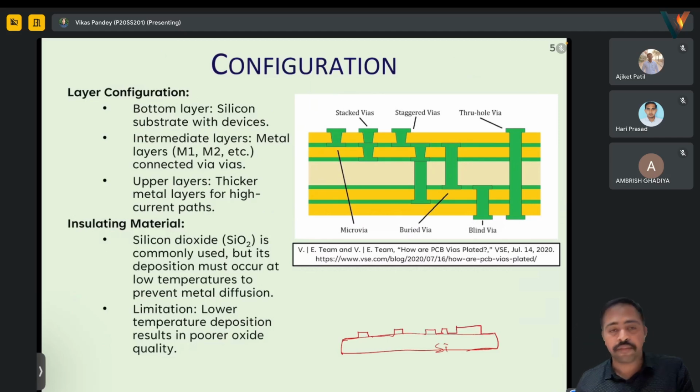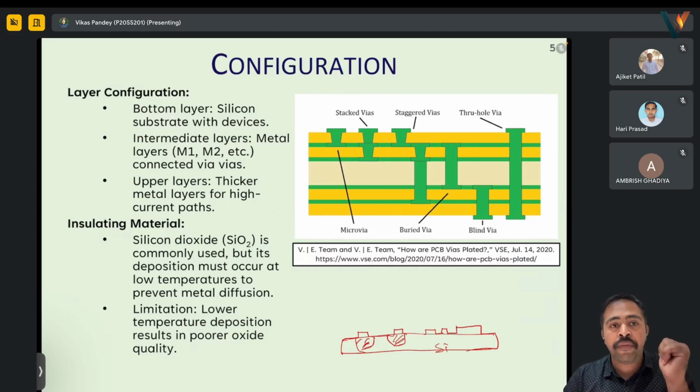This is our device, or it might be planarized, not an issue. It will have some doping. We have learnt about doping, about oxide growth and all these things. So this is the lowest layer.